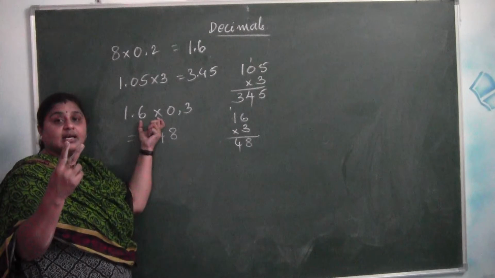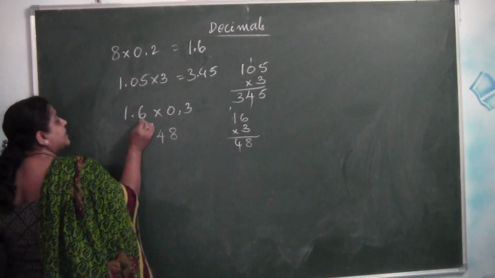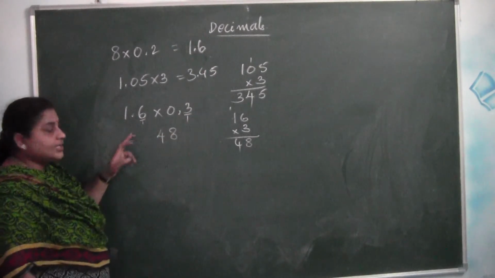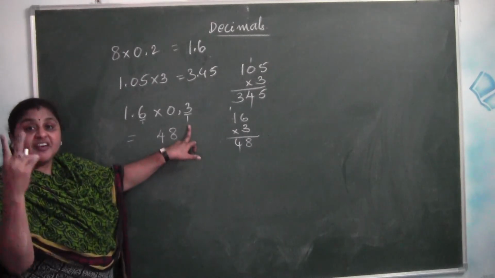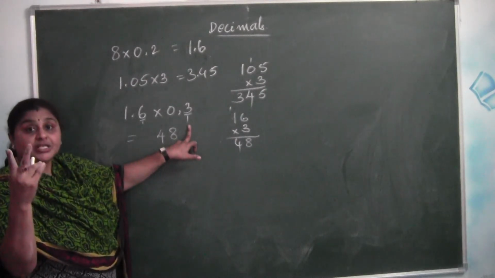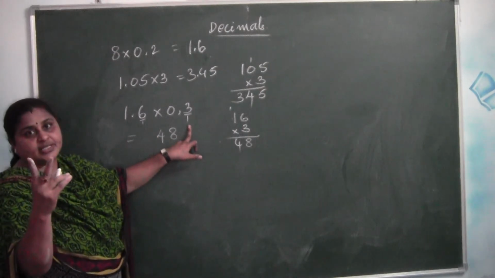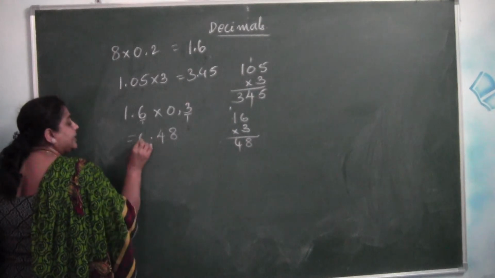In this case, how are we going to do it? After the decimal, 1 digit. After the decimal, 1 digit. 1 plus 1, 2. It means in the final answer, we are going to place the decimal before 2 digits. That is 0.48.